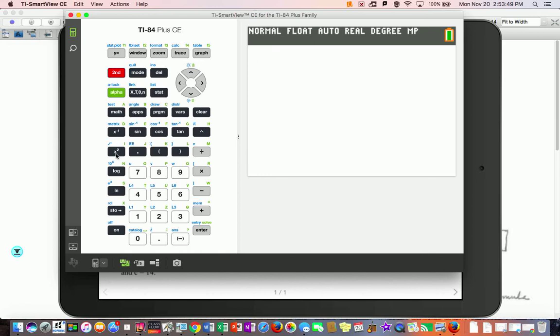So if I was going to throw that into the calculator, I do 10 squared plus 12 squared.